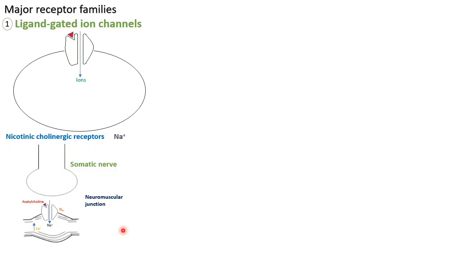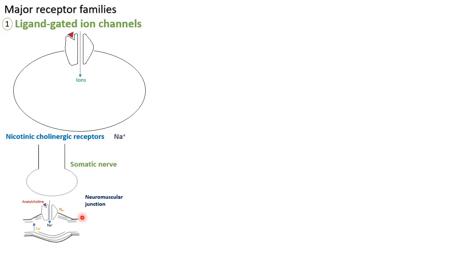So, again, the somatic nerve releases acetylcholine. This acetylcholine binds to the nicotinic cholinergic receptors on skeletal muscle cells. This receptor is called NM. N is for nicotinic and M for muscle.